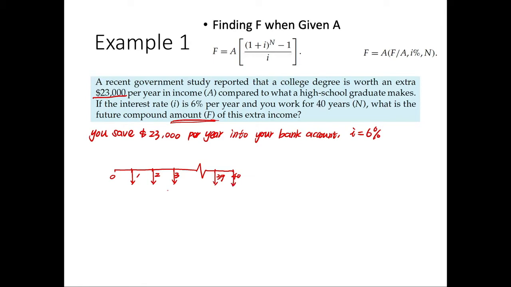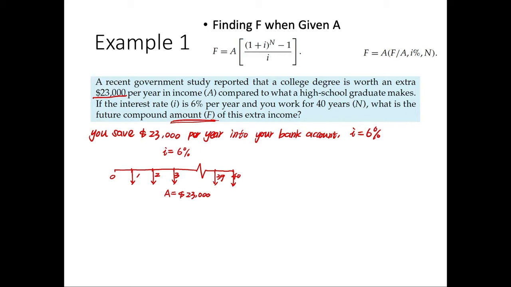And then you want to write A equals 23,000 so that you don't have to label this amount for each of the arrows 40 times. But you still want to write the I of 6% above or beneath this timeline.